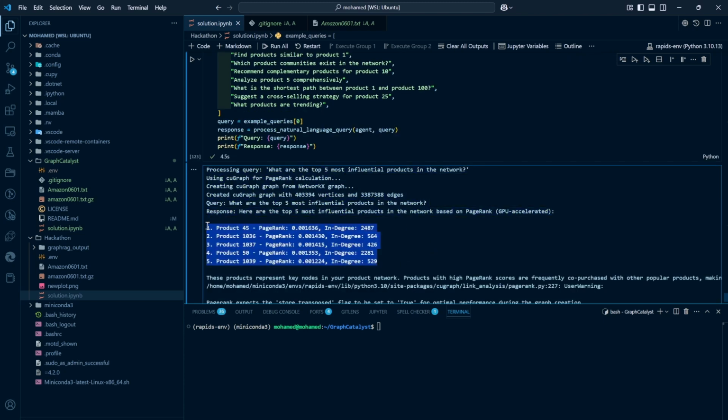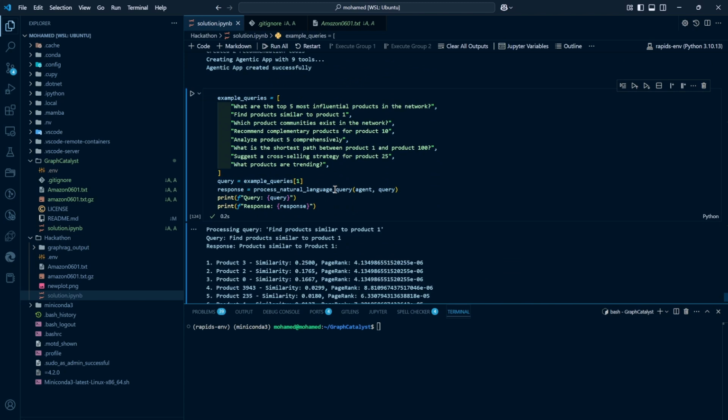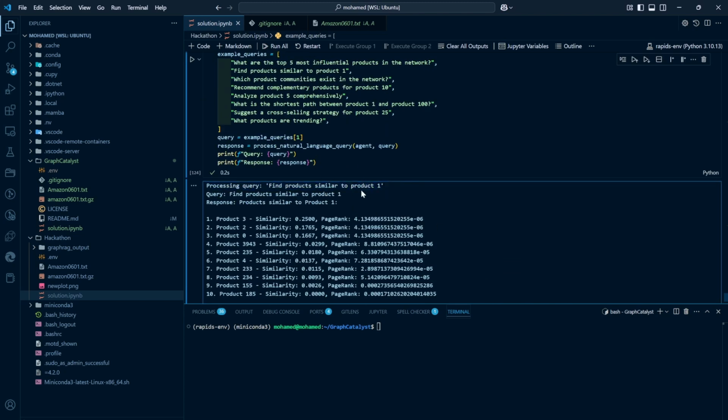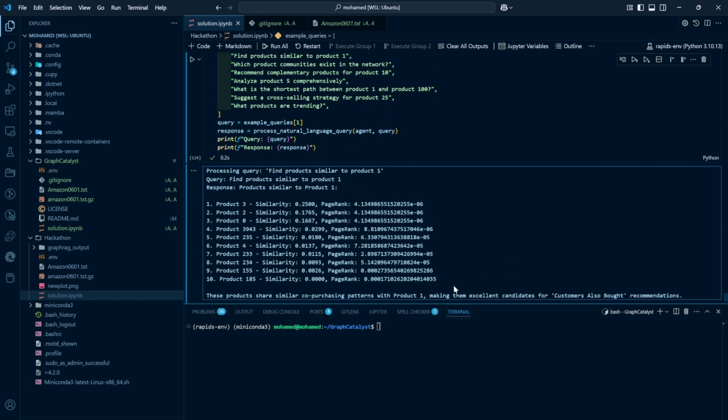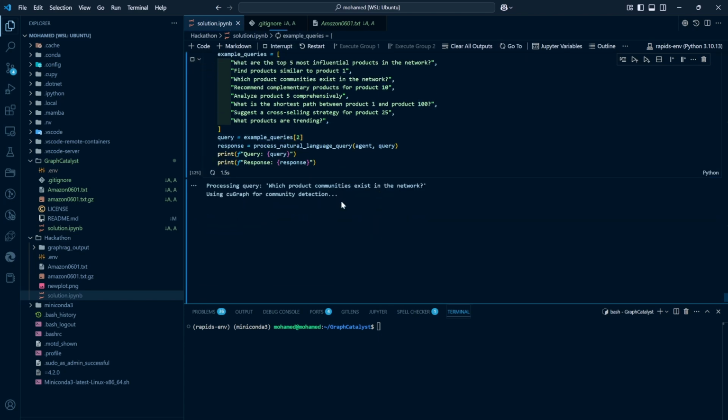You see here it returns the products with PageRank and in-degree scores. Then query 1, find products similar to product 1, and it will find 10 products that are similar to product 1. Query 2, and again it's using cuGraph. This one is for community detection, so we're asking which product communities exist in the network.